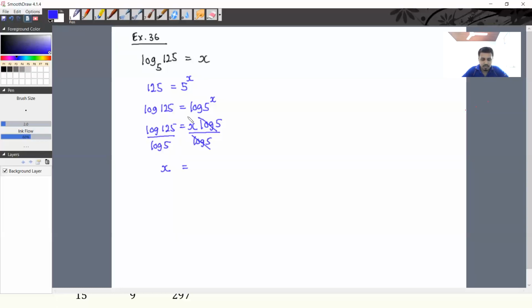Log of 125. Hope you can find where the log button is. Log 125 divided by log 5 should be 3. x should be equal to 3.